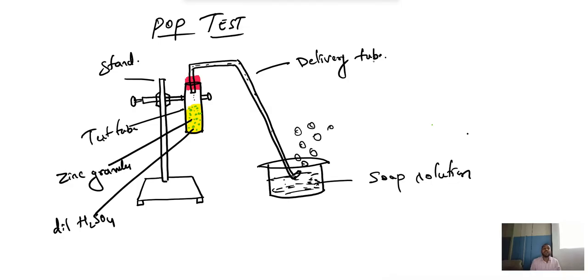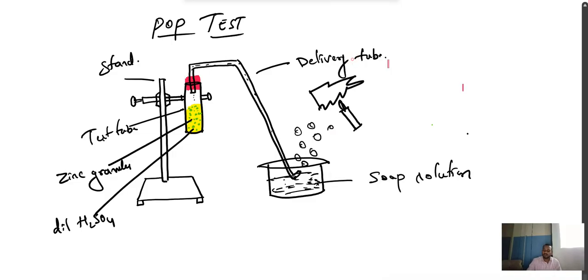The gas comes out in the form of bubbles. Now here we have taken a candle. When a burning candle is brought near these bubbles, it creates a spark.